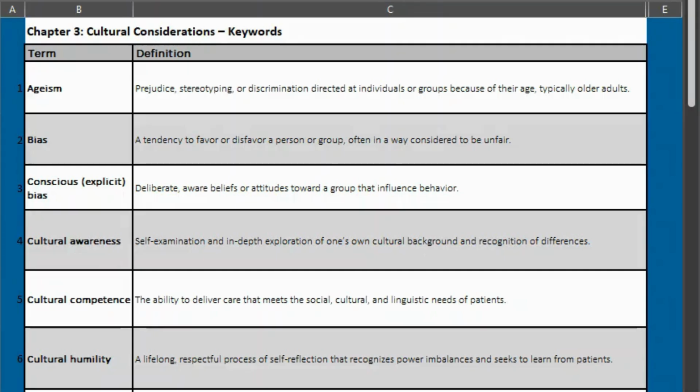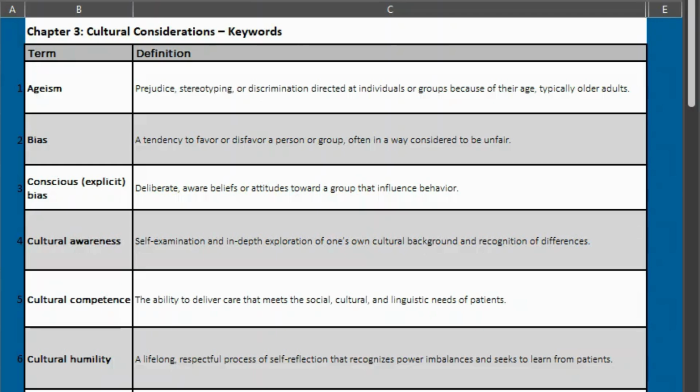Cultural awareness: reflect on how your own holiday customs differ from a patient's when asked what support they need while hospitalized. Cultural competence: use a certified interpreter and adapt dietary teaching to traditional foods.